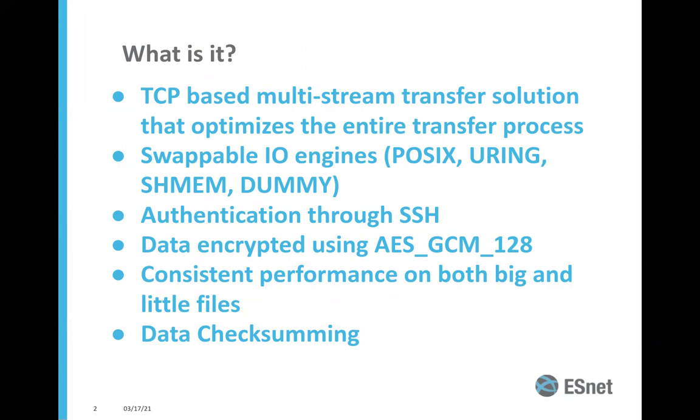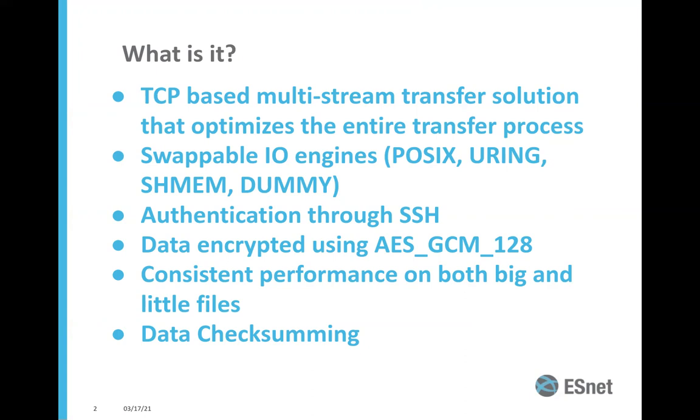Because this is meant as much for testing performance of a machine as it is for doing actual transfers, it has a number of features that are of primary use to people who are asking, what is the performance of the system? How can I make it go faster?